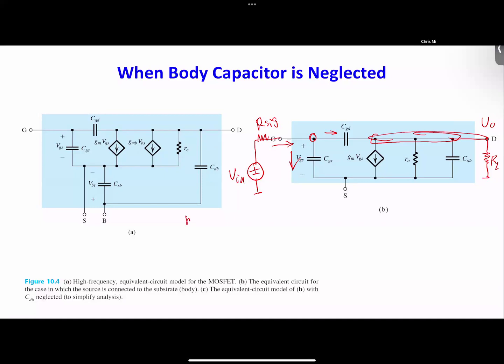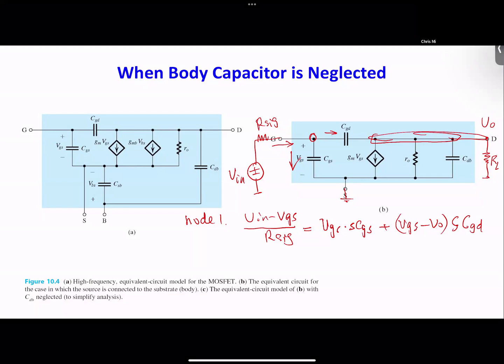So for node 1, we have current Vin minus VGS divided by RSIG, that's current going into that node, equal to VGS times SCGS, which is the current going down, plus, here of course we grounded, VGS minus VO times SCGD.